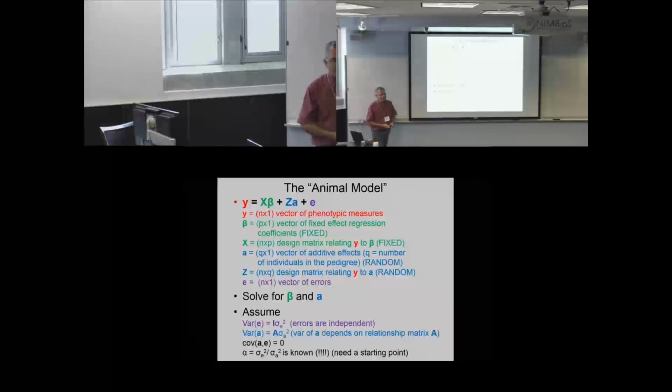Under those circumstances, I estimate the phenotypic variance-covariance matrix for the data set, and I use some fraction of those as the starting values for both the additive effects and the environmental effects. And generally that works pretty well.